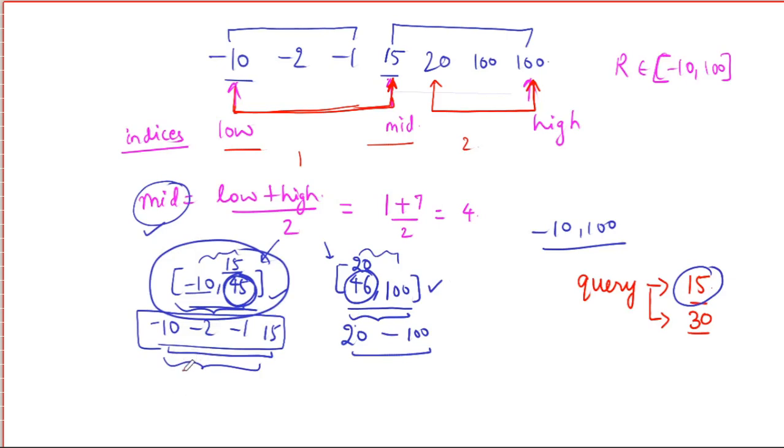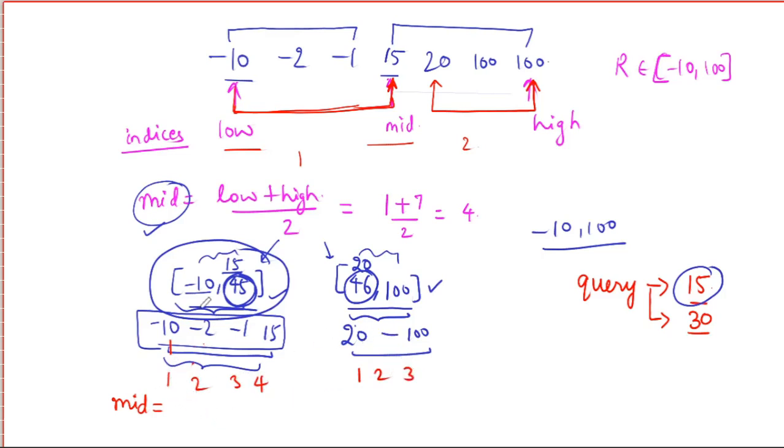And how will it be checked again? It will be divided again, with the same method: mid is low plus high by 2. So in each half the range of the indices of mid will change. Here it will become 1, 2, 3, 4, and in the second half it will become 1, 2, 3.